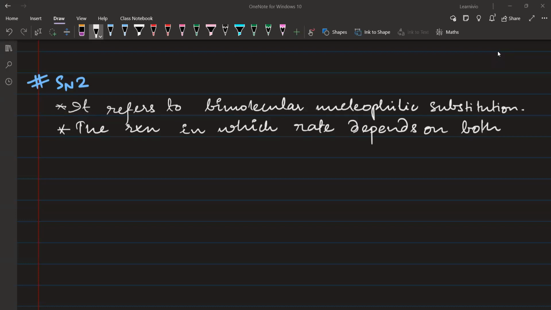The reaction in which rate depends on both haloalkane and nucleophile is known as SN2.